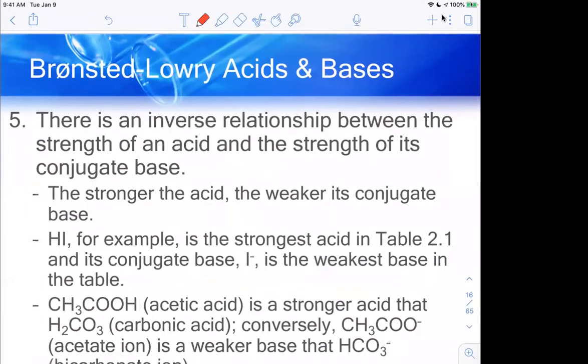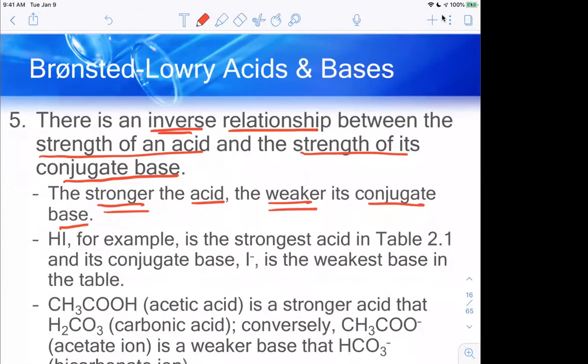There's also an inverse relationship between the strength of an acid and the strength of the conjugate base. The stronger the acid, the weaker the conjugate base. HI is the strongest acid in that table. I- is the weakest base.